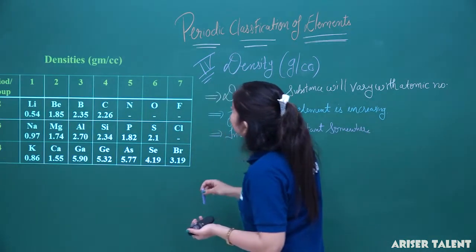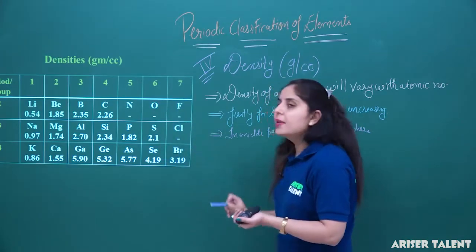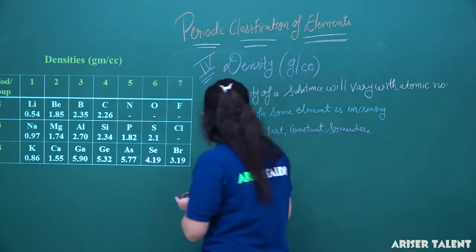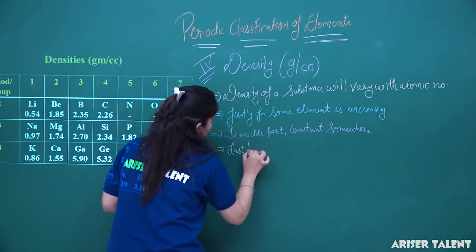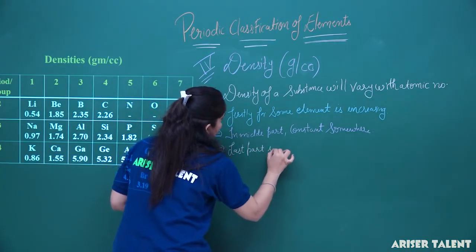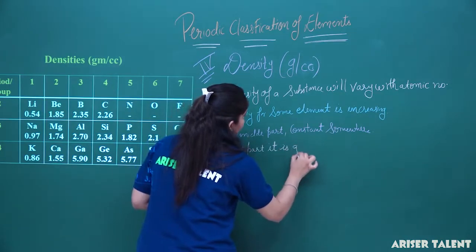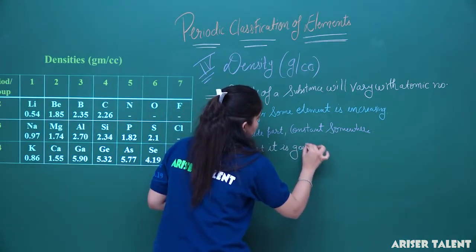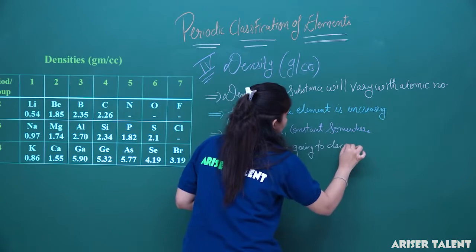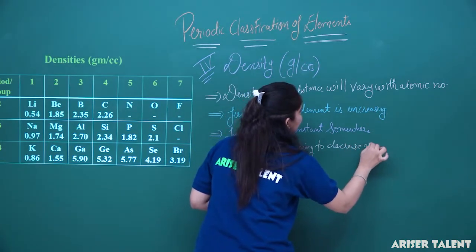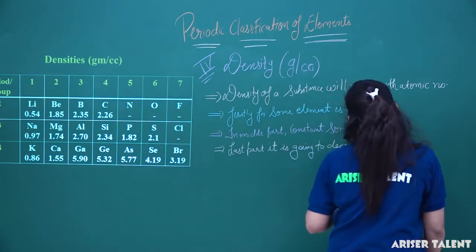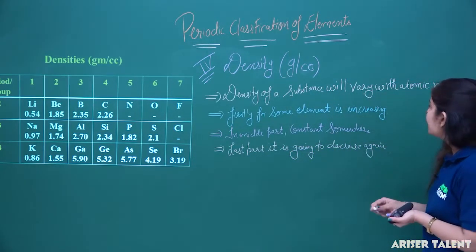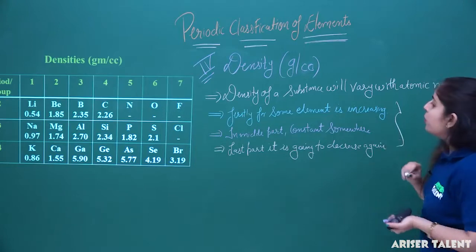Then you can observe that in the last part of the periodic table, it is again going to decrease. So this is the trend in the density of a substance observed in the periodic table.